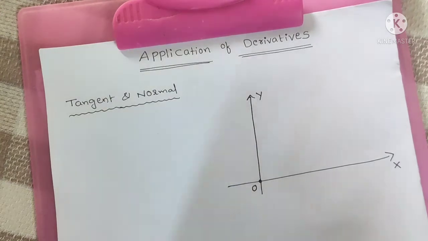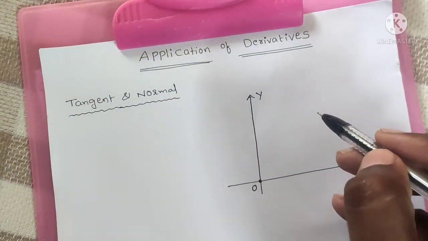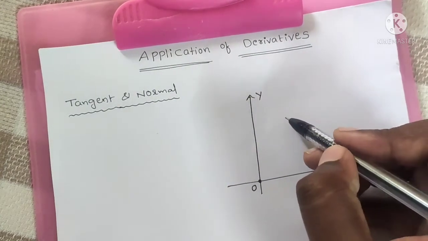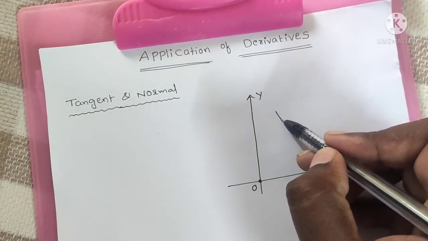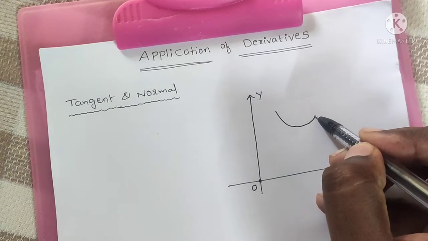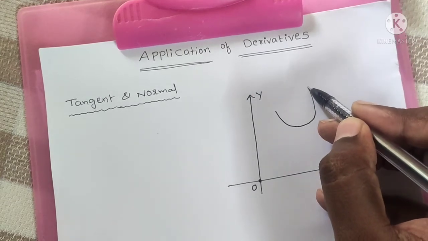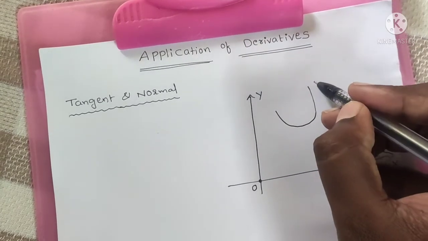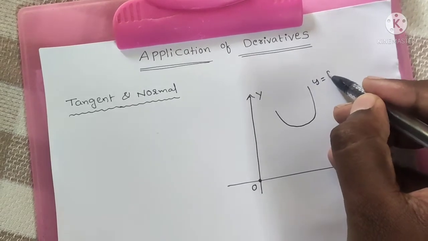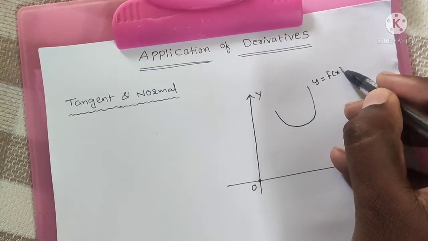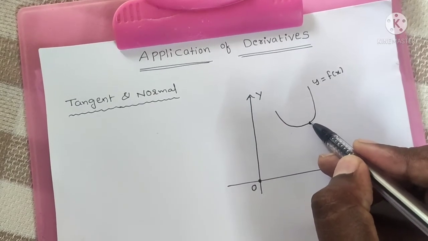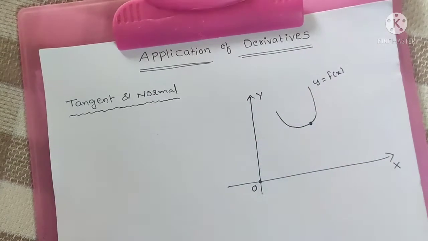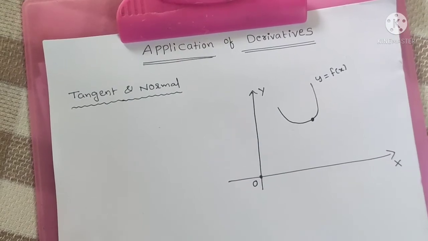The curve name is y is equal to f of x. This curve is y is equal to f of x. On this curve, take one point. This is P, any point on the curve.